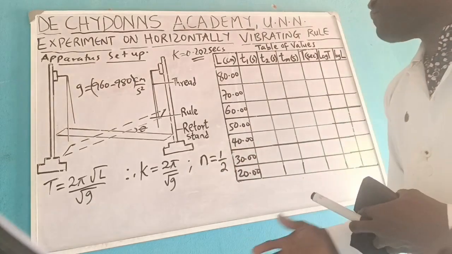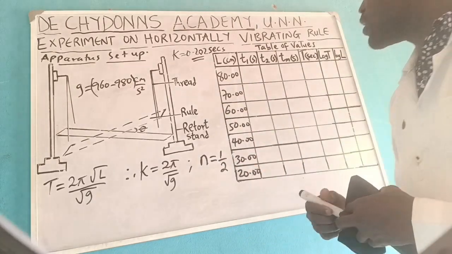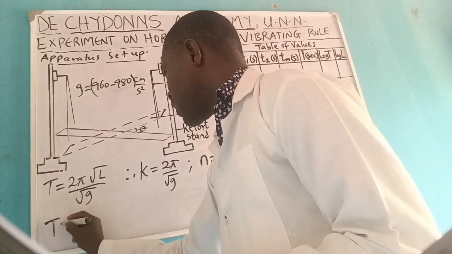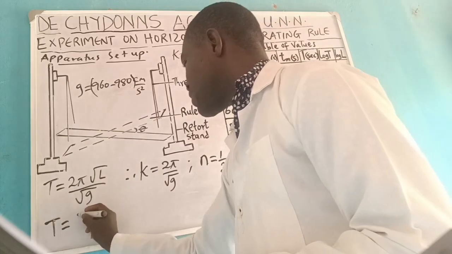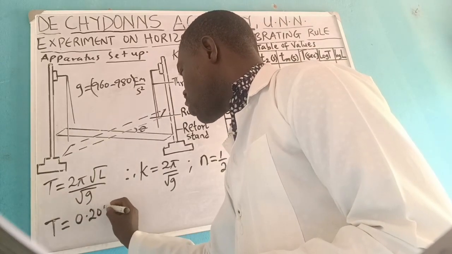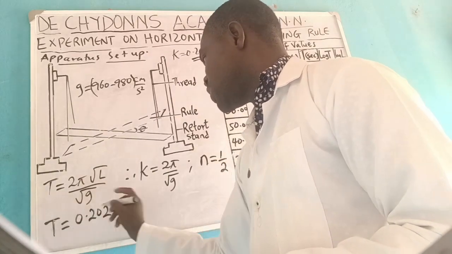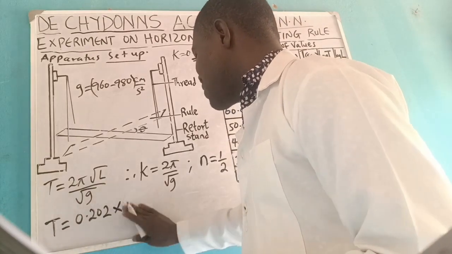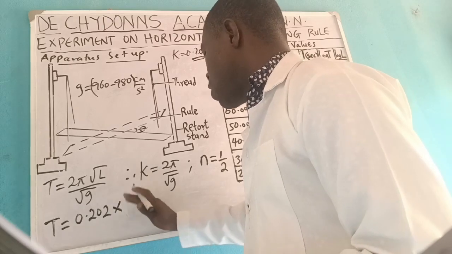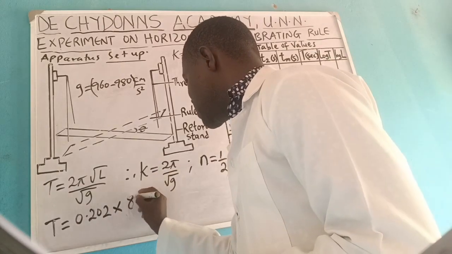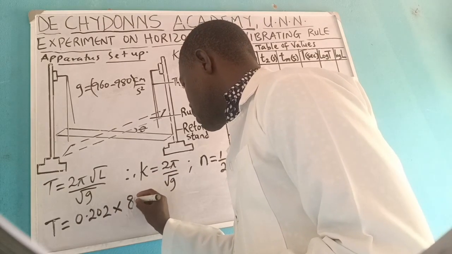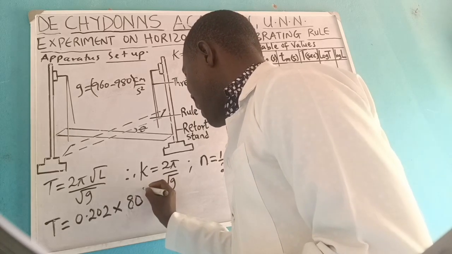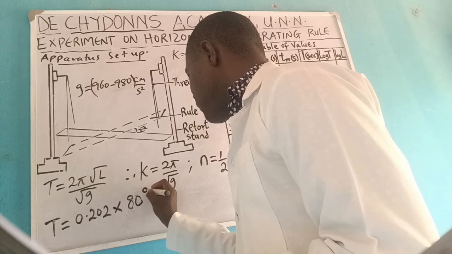Then, after you have achieved this K, you should just come and say T equals, instead of writing K, 0.202, which is 2 pi over root g, times the square root of L. What is your L? 80, raised to power 0.5.